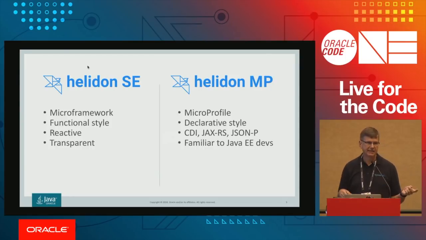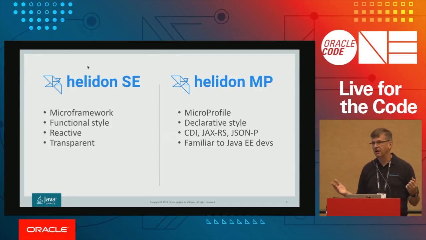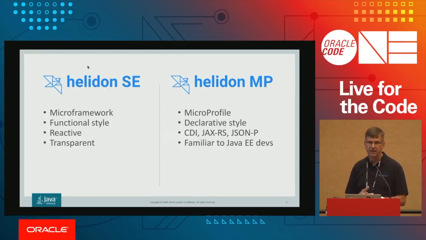It's been nice to see that at this conference this year, awareness of MicroProfile seems to be much greater than it was last year. So that's a good thing to see. And this is MicroProfile supported by multiple vendors, right? So you get some portability here.